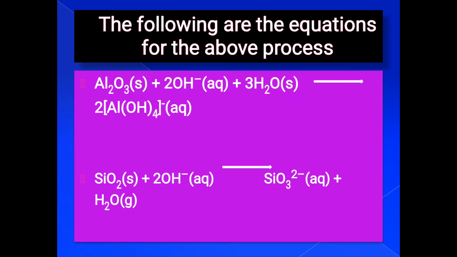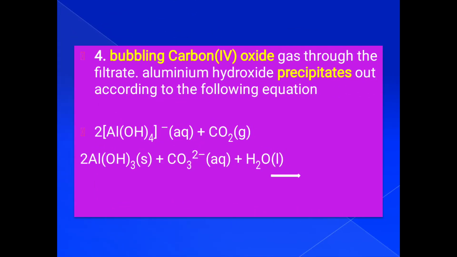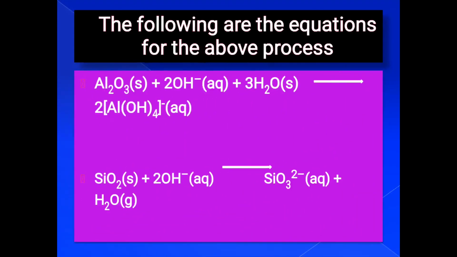And from this, we can now get to number 4 after decomposing. Remember that we're in the process of extraction. Number 4 is we bubble carbon 4 oxide through the filtrate. Remember that our filtrate here is the aluminium compound that we saw.